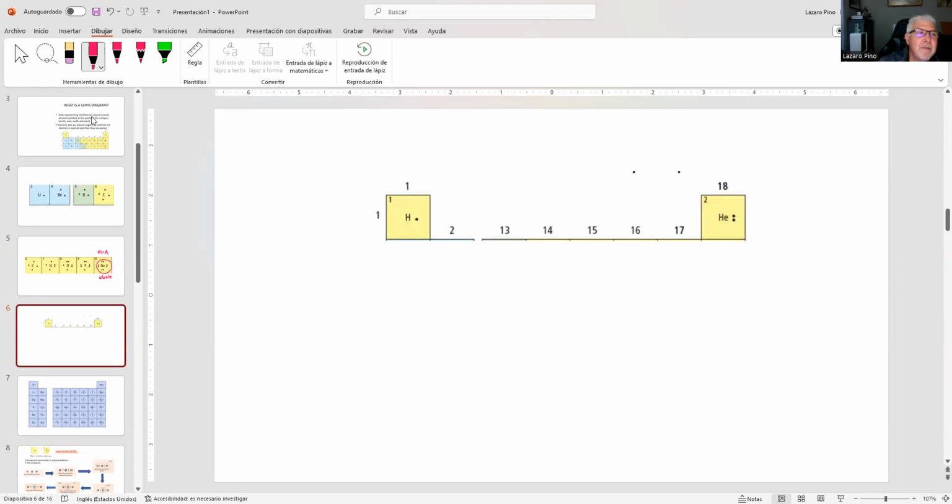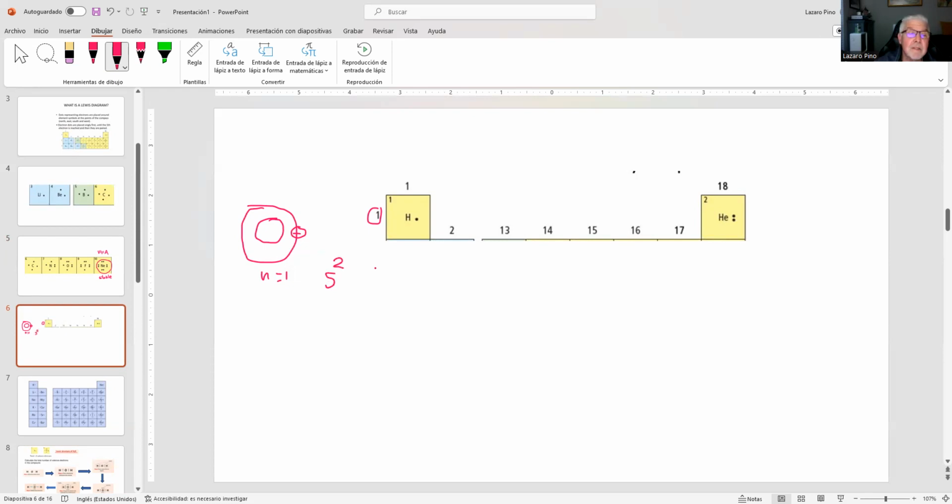Well, as I told you at the beginning, hydrogen and helium are in period 1. They have only one shell. Suppose this is the nucleus, and they have only one shell to put the electrons. So in this shell, which corresponds to level number 1, there are only two possible electrons that are in orbital s.